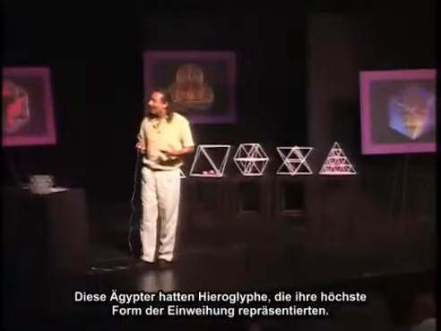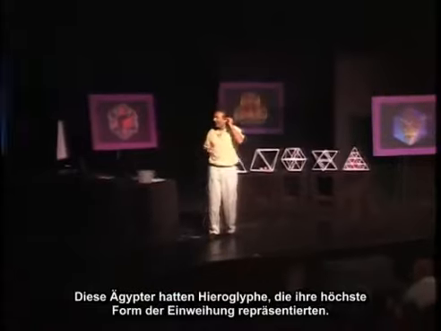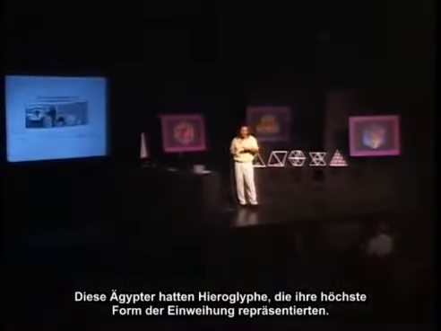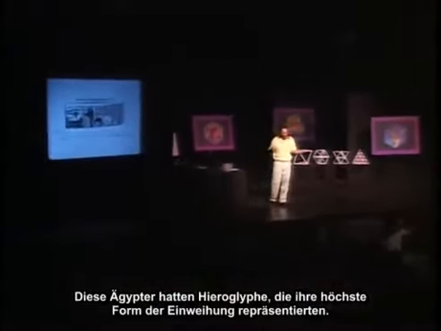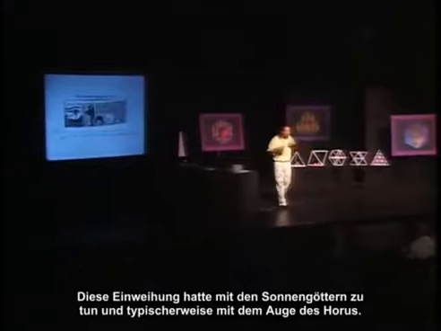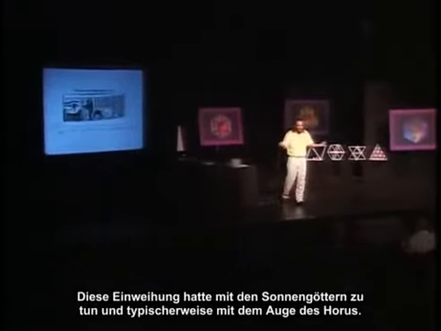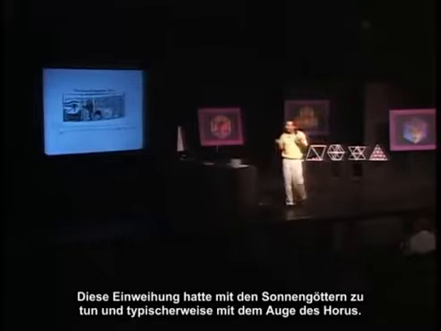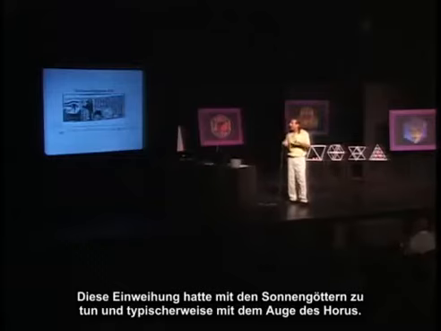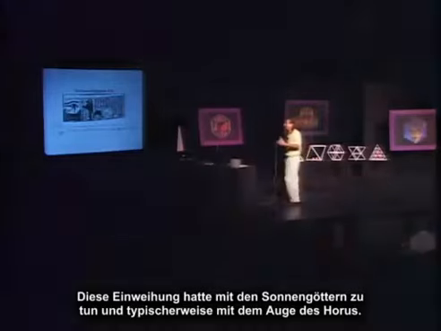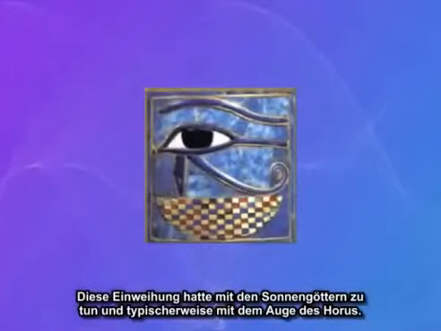These Egyptians had hieroglyphs as well that represented the highest level of initiation, the highest level of initiation that had to do with those sun gods. And these higher levels of initiation always, or typically, related to the eye of Horus.